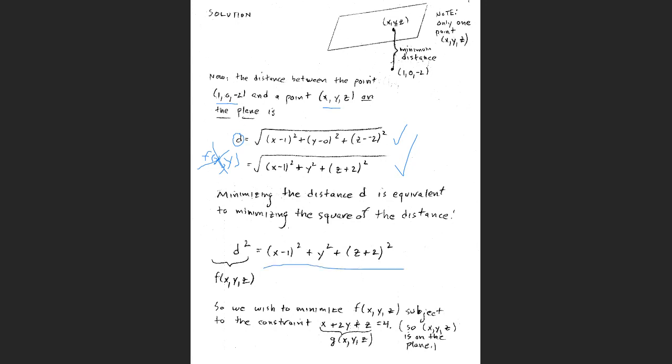If I can find the coordinate x, y, z that minimizes the square of the distance, then that also will equivalently minimize the distance. It's easier to work with the square of the distance because there's no square root involved. So we've established what our function of x, y, z is. Now we wish to minimize that function subject to the constraint. The constraint is that x plus 2y plus z equals 4. So g of x, y, z equals 4.